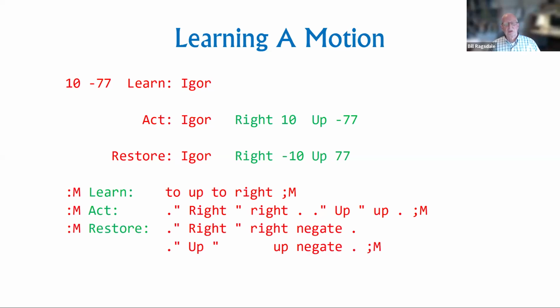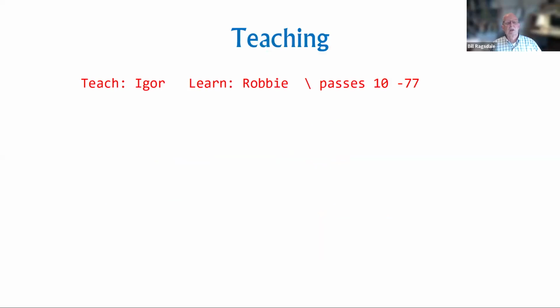The restore is a mirror image of that. In this case, the right motion accesses the right value, and we negate that, minus it, and then output with a dot. We get the up motion, negate that, and output that with a dot. So again, we see that in general, the methods are really quite straightforward. They're very linear, very simple.